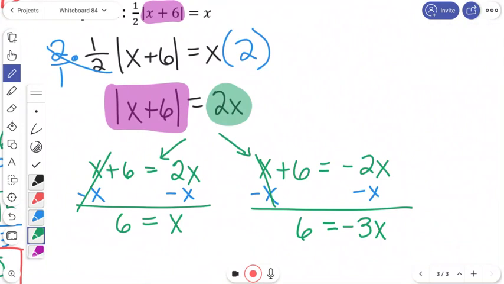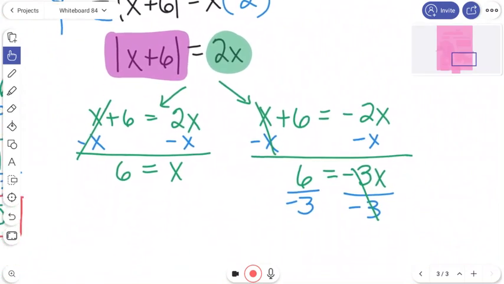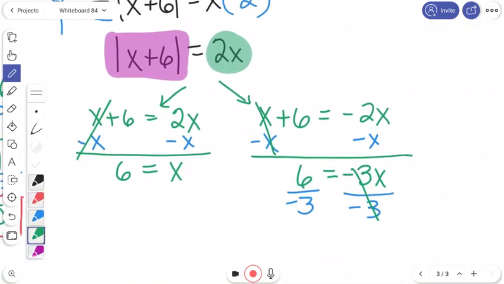So now I need to divide both sides of my equation by negative 3. Whatever I divide one side by, I've got to divide the other side by. Those negative 3's reduce, and that gives us our x value on the right side is equal to 6 divided by negative 3, which gives us negative 2.